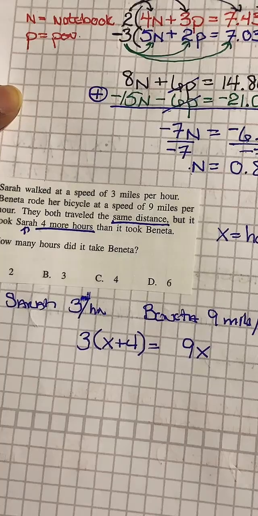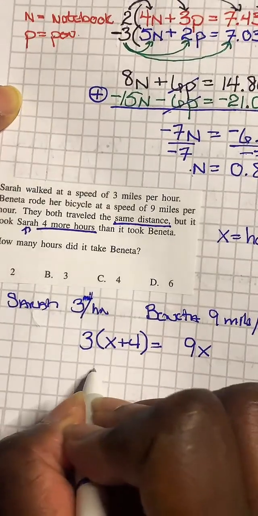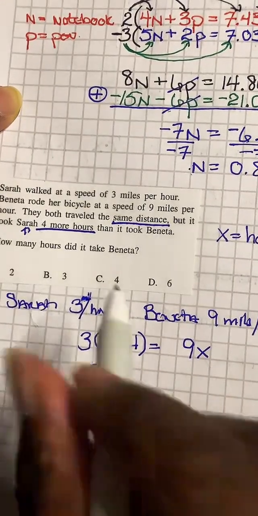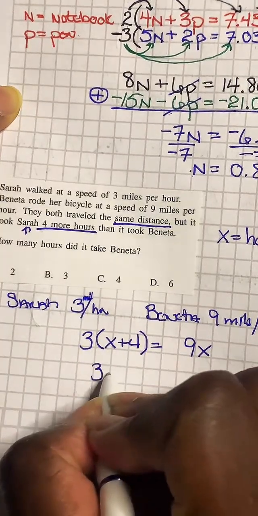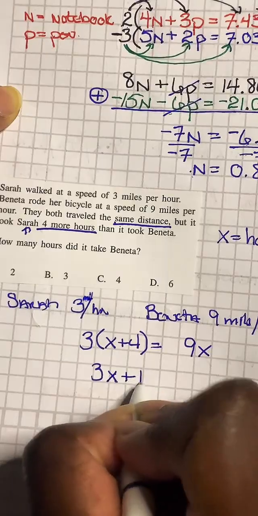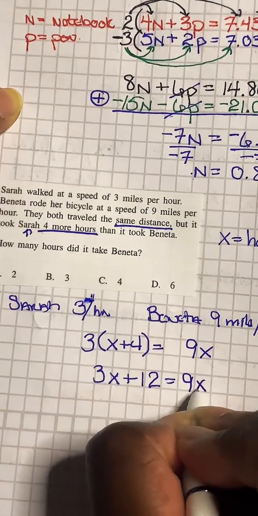Okay. So right there we go. So now let's do our distribute. So we can have, since they were the same distance, we didn't have to put this person, that person. So we can say 3x plus 12 is equal to 9x.